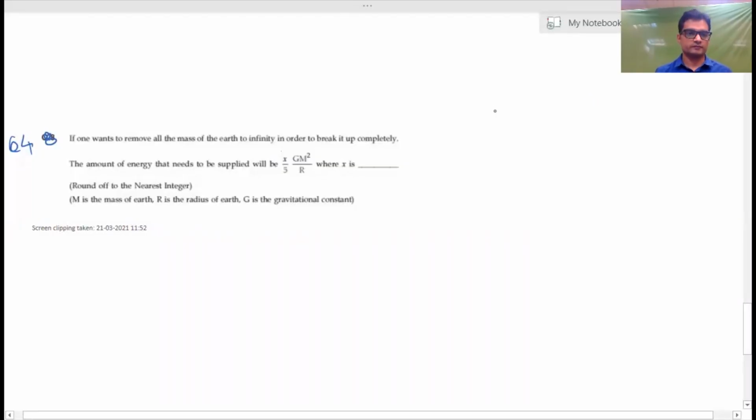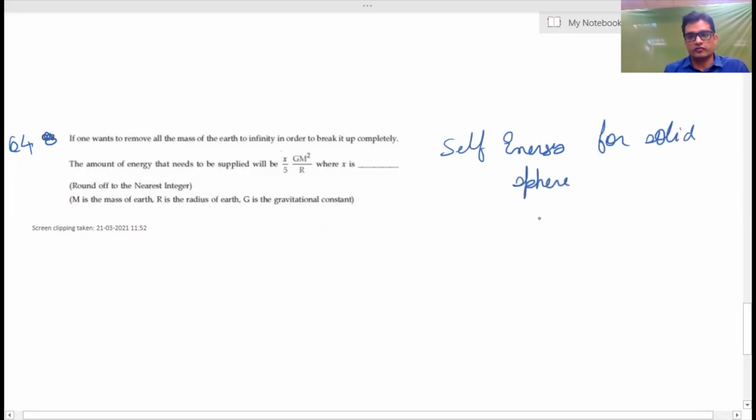In this question, they are saying if all the mass of the earth is removed and taken to infinity, the amount of energy supplied will be x by 5 GM square by R. So as we know, the self energy for a solid sphere is equal to minus 3 by 5 GM square by R. And if this R tends to infinity, or all the masses are taken to infinity, then the self energy will be 0.